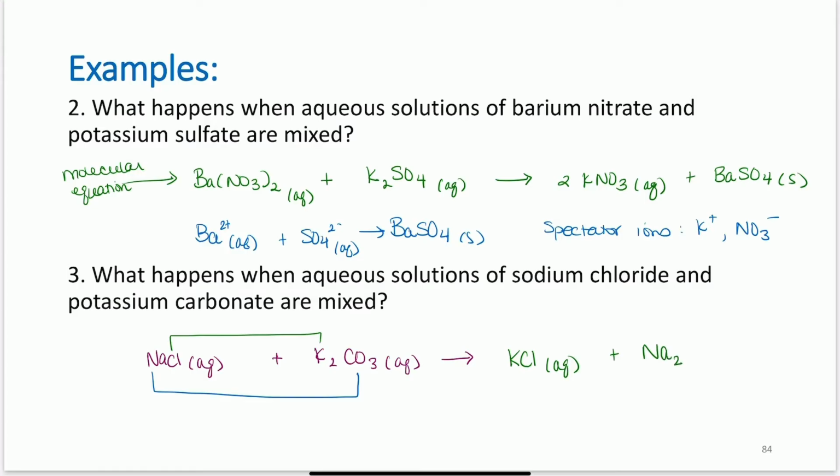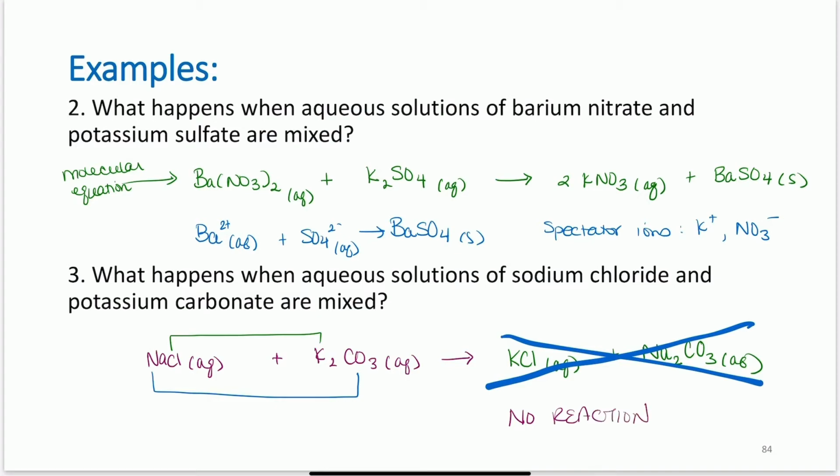Sodium carbonate is also aqueous. So instead of writing it like this, because they are both in fact aqueous, we write no reaction. We swapped partners, nothing happened.